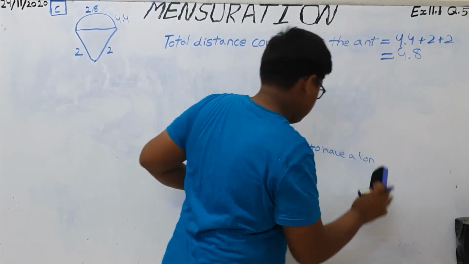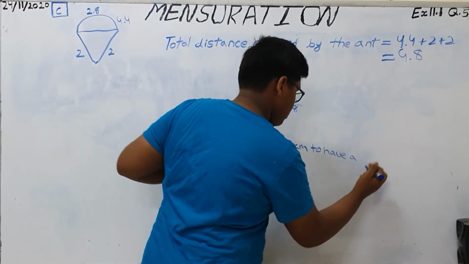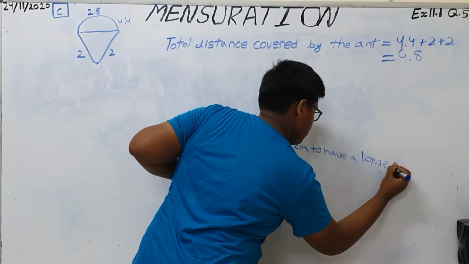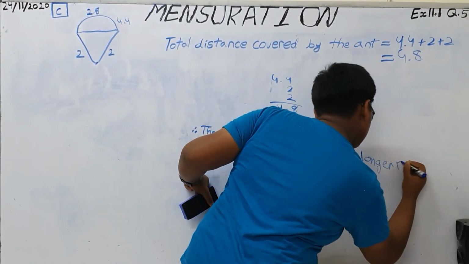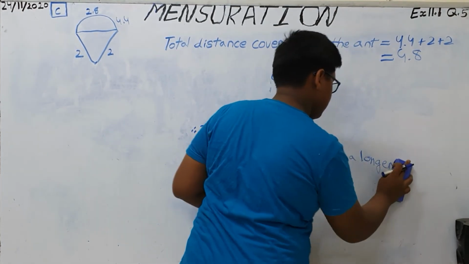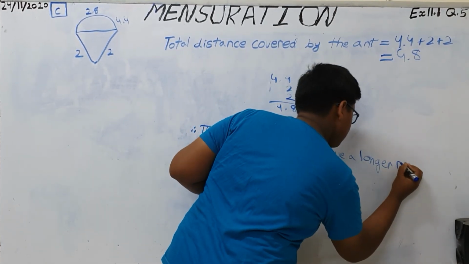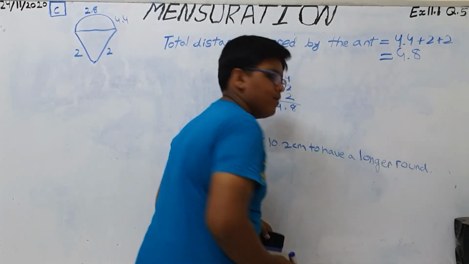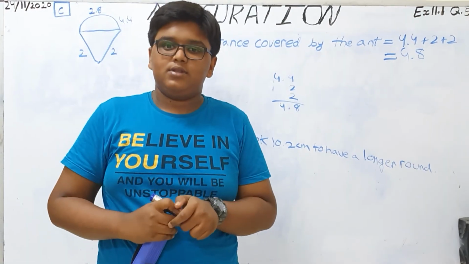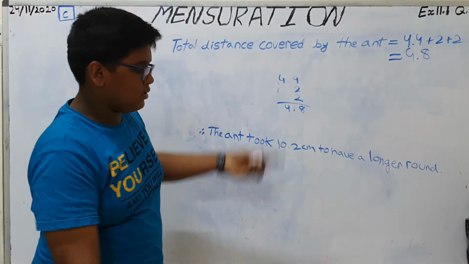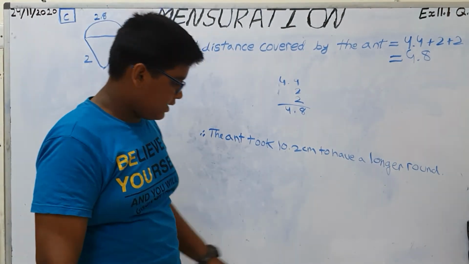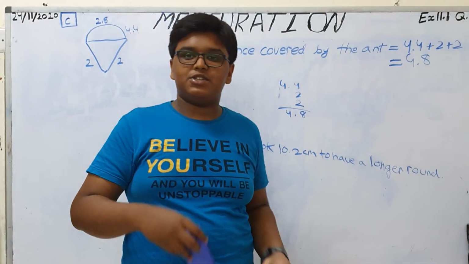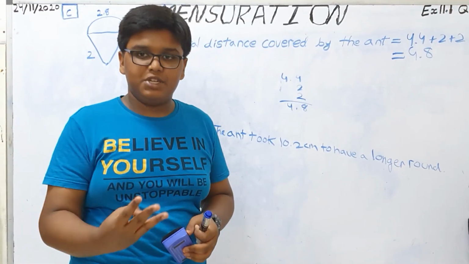Now all we did was find the distance traveled by the ant in all these three shapes.